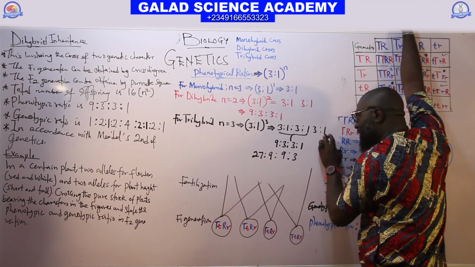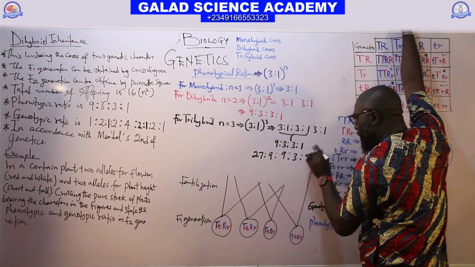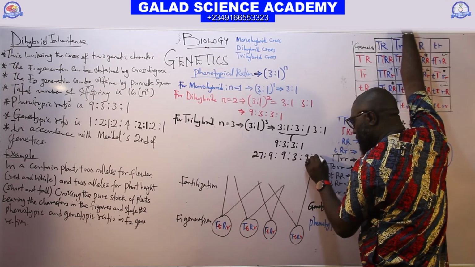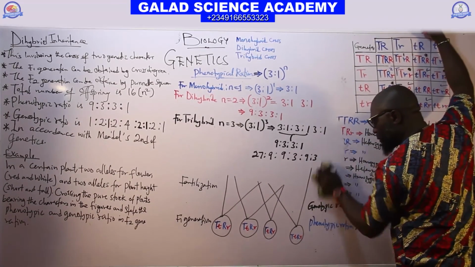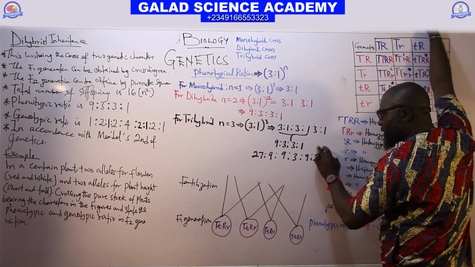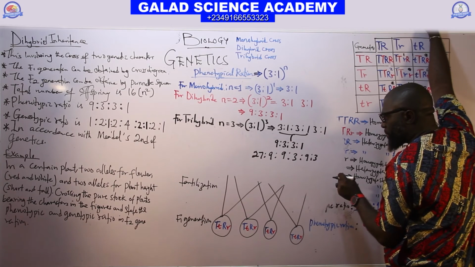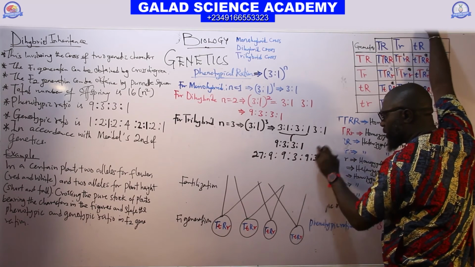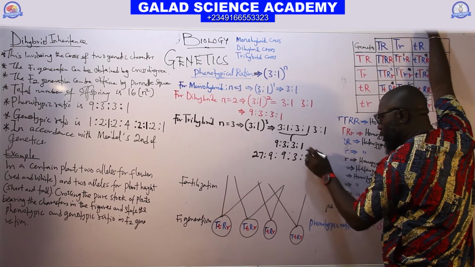Then multiply everything again by 1. 1 times 9, 9. 1 times 3, 3. 1 times 9, 9. 1 times 3, 3. 1 times 3, second 3. 1 times 1.